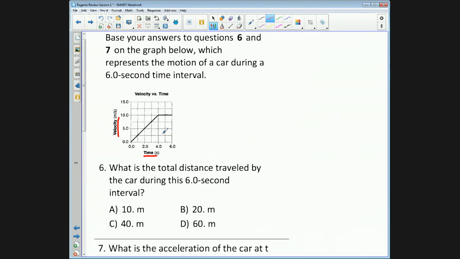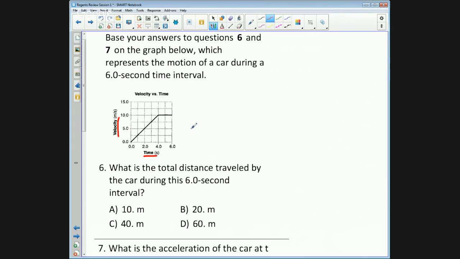Something that I like to remember for any graph, velocity versus time, acceleration versus time, distance versus time, whatever, is you can do two things. You can either figure out the slope of the function on that graph, or you can figure out the area under the function of that graph.